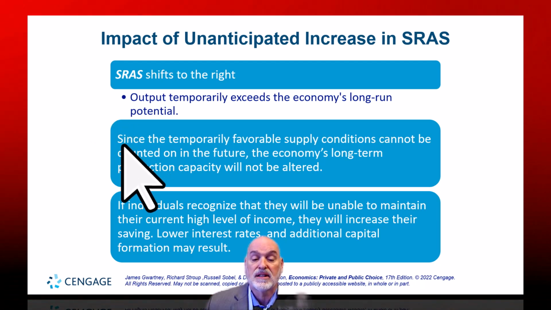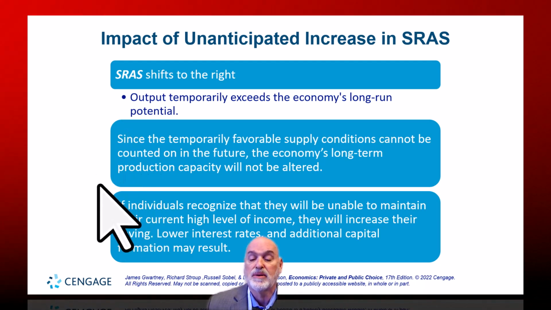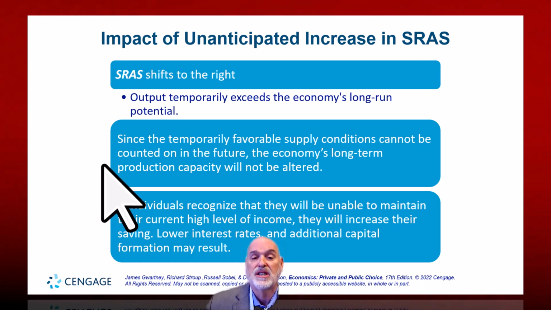Since the temporarily favorable supply conditions cannot be counted on in the future, the economy's long-term production capacity will not be altered. If individuals recognize that they will be unable to maintain their current high level of income, they will increase their saving. Lower interest rates and additional capital formation may result.